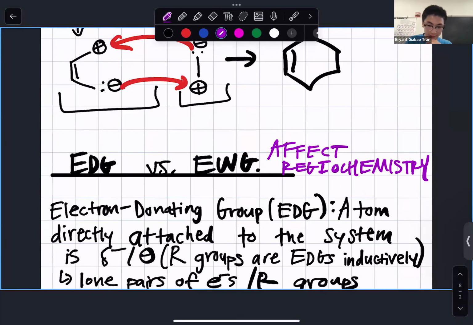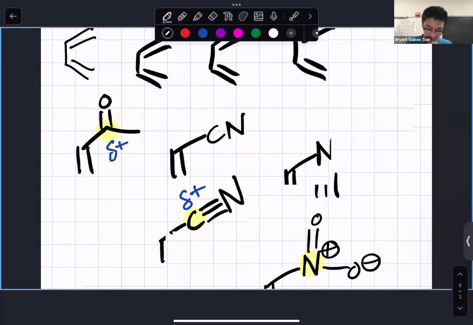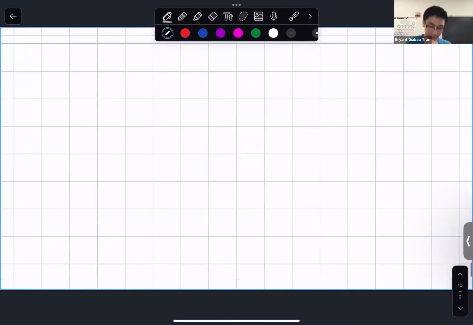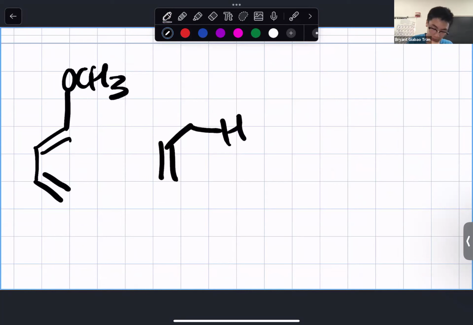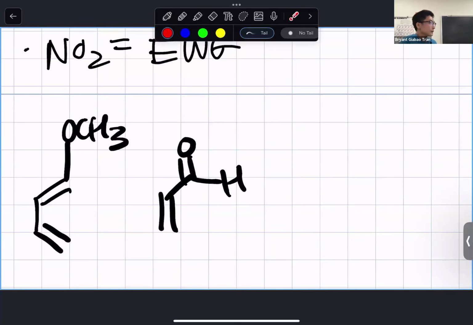And let me give you an example of that. So let's say we have this diene with that group here, this dienophile with this group here. What is this group here? Is this an EDG or an EWG?